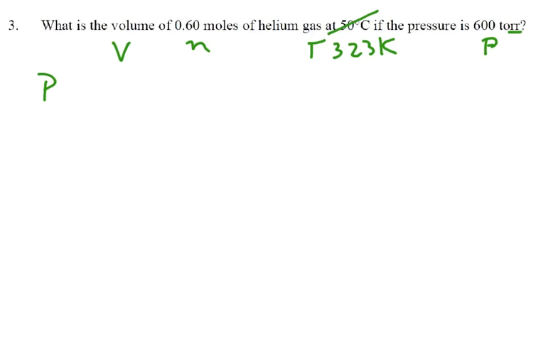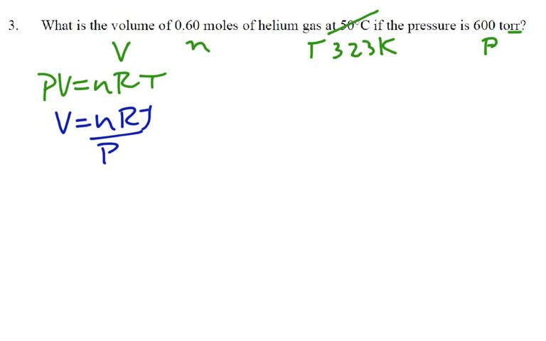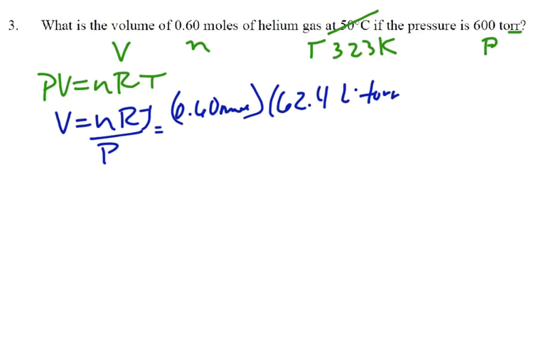So again, we have PV equals nRT. Now we want the volume, so volume is nRT over P. So number of moles, 0.60 moles. R, we said, is 62.4 liters torr, or millimeters of mercury, per mole Kelvin.